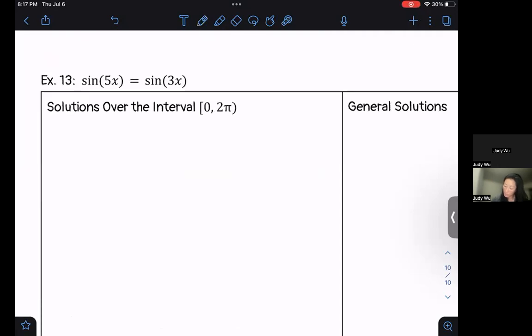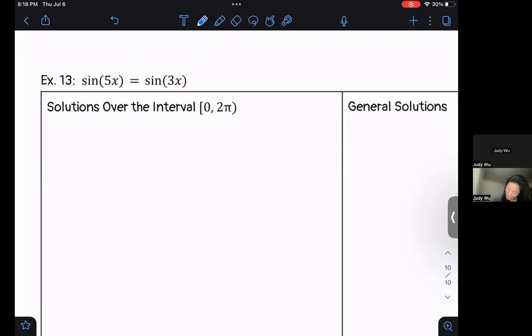Now, you'll notice we don't have a 5x or a 3x. Like we don't have a triple angle formula, that would be like 3x, or like a quintuple angle formula, like we have a double angle formula. Okay. So here's where we need to be a little bit clever.